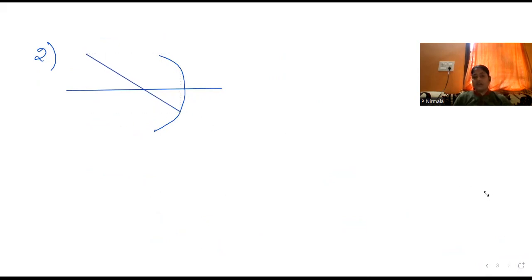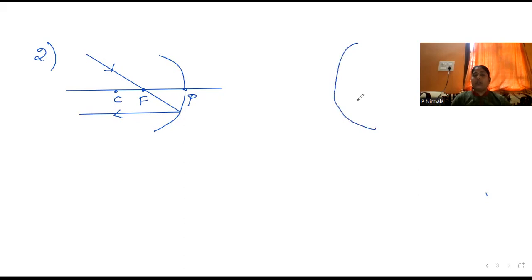So how is the reflection? It is parallel to the principal axis. Understood? If the light ray passes through the focus point and is incident to a mirror, then the reflection is parallel to the principal axis. I think it's clear for you people.